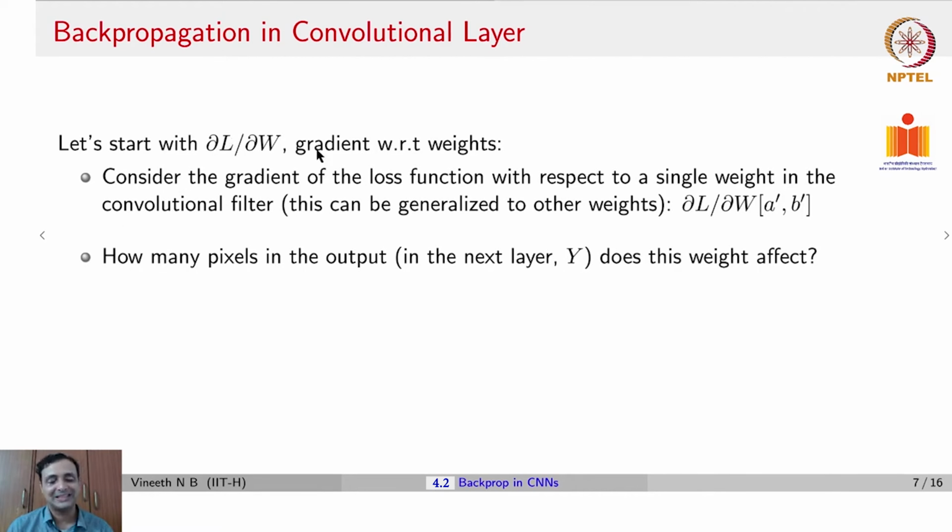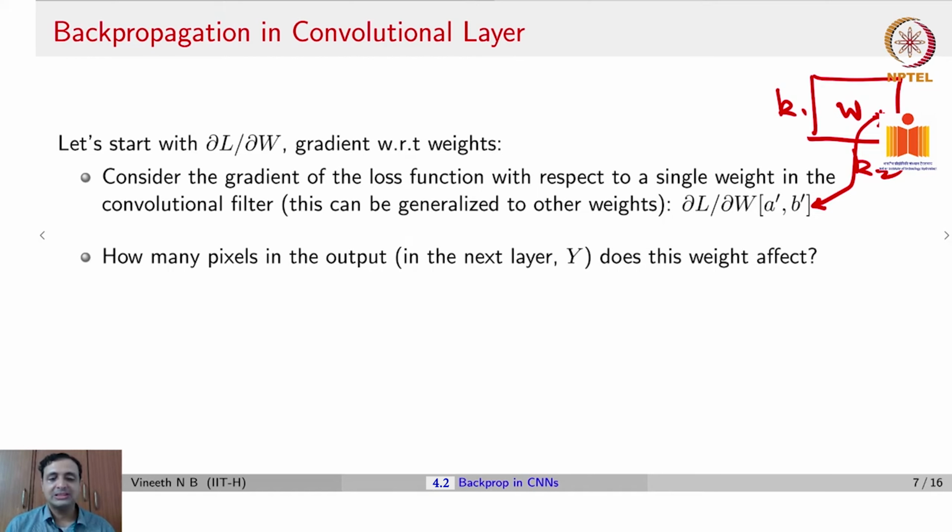So if your filter W has K1 cross K2 dimensions, you have one of those values inside to be W at (a', b'). We now want to compute the gradient of the loss with respect to that particular weight, and then this can be generalized to all weights in that filter.